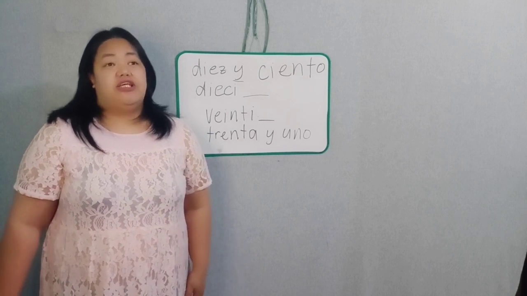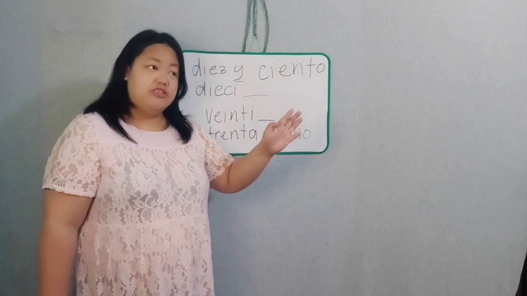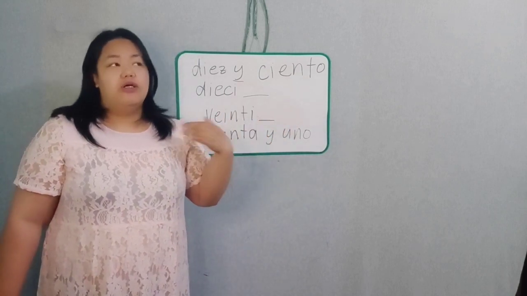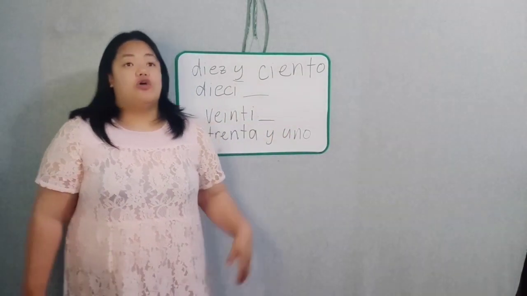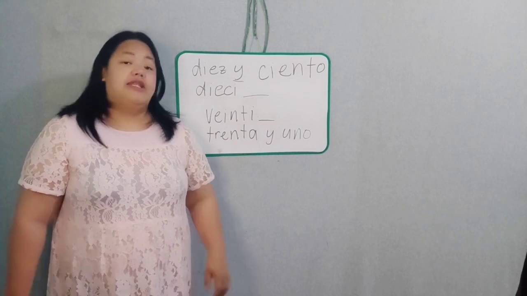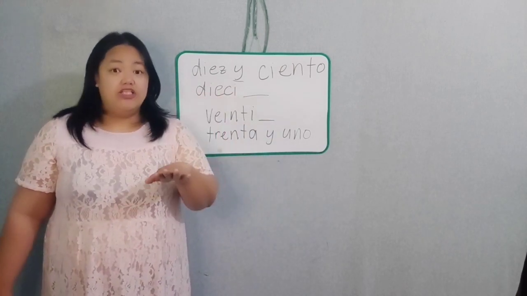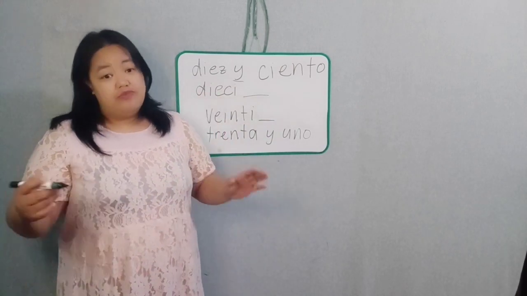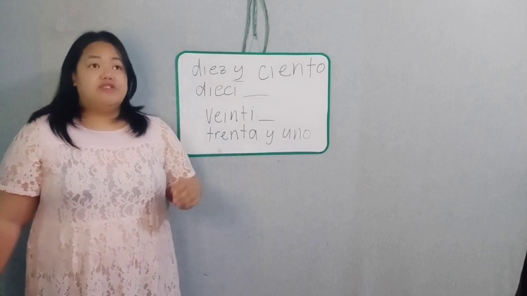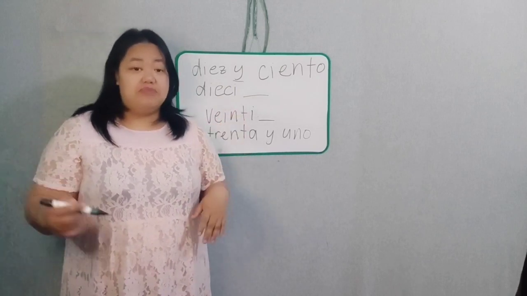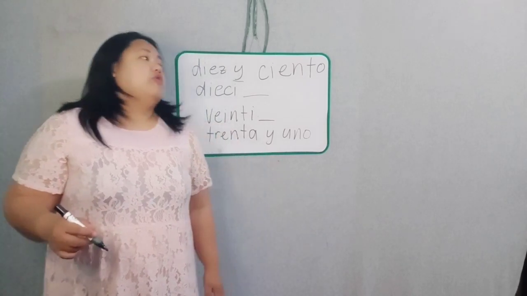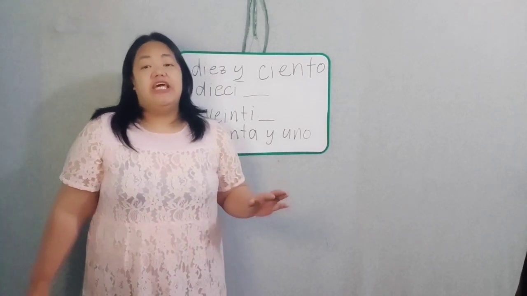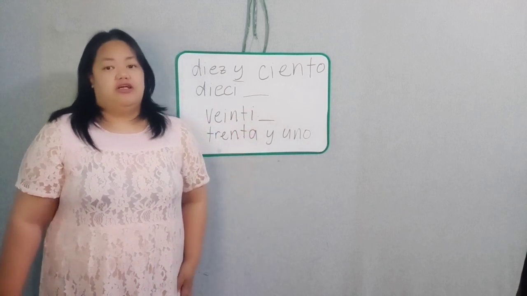So 200 is doscientos because it's 2. Then 300 trescientos, 400 cuatrocientos. Now 500 will have a different pronunciation. The reason why is it was adopted from the original Latin language. So 500 is quinientos.